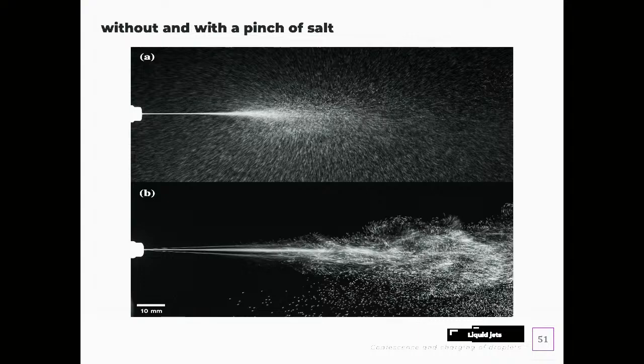Whereas this is the exact same spray, but with just a pinch of salt added, and the pinch of salt attenuates the charging by so much that we don't get this nice cloud of monodispersed droplets. Yeah, this is much more white because it's actually much larger droplets because of all the coalescence processes.